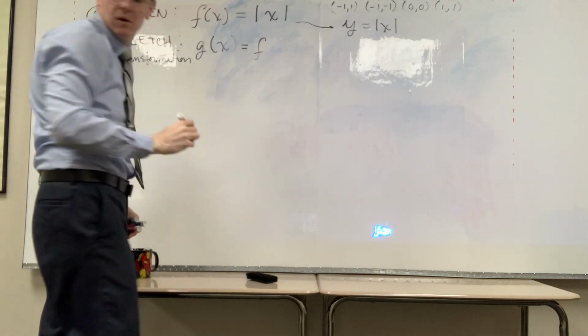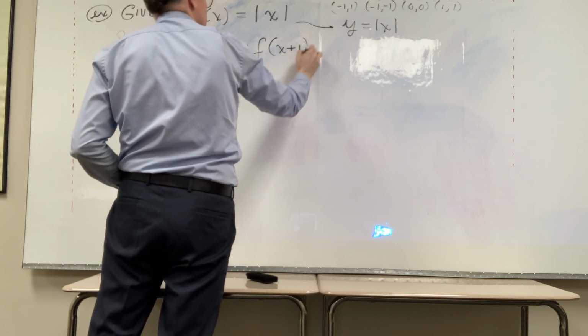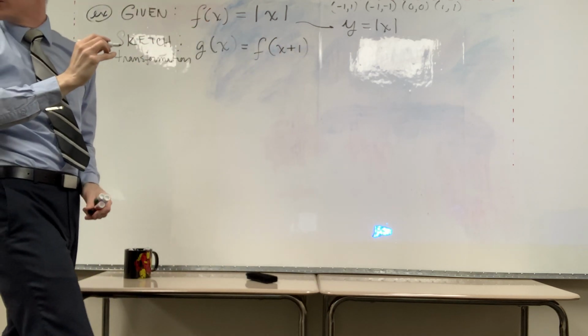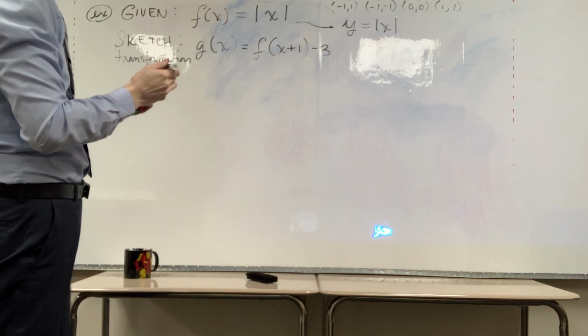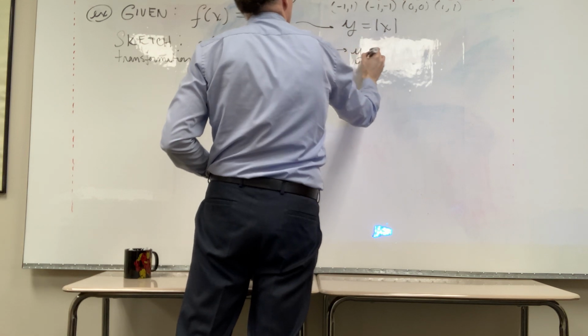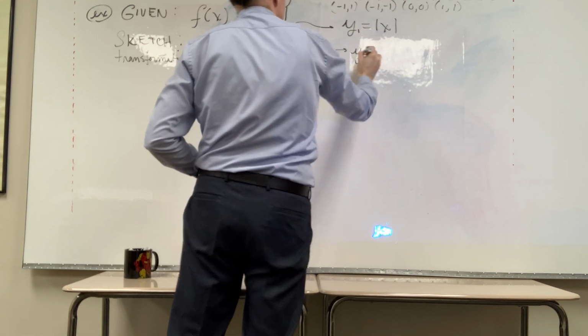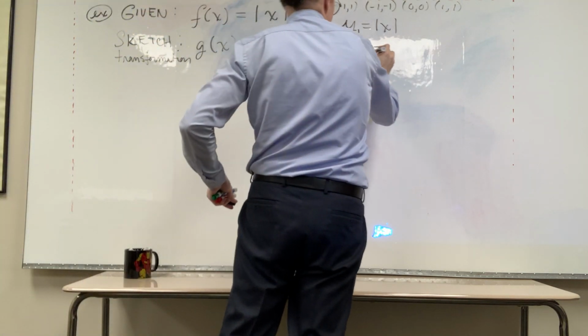F of x plus 1, minus 3. I'm going to use little subscripts because I happen to like that. And I'll adapt this in a moment.